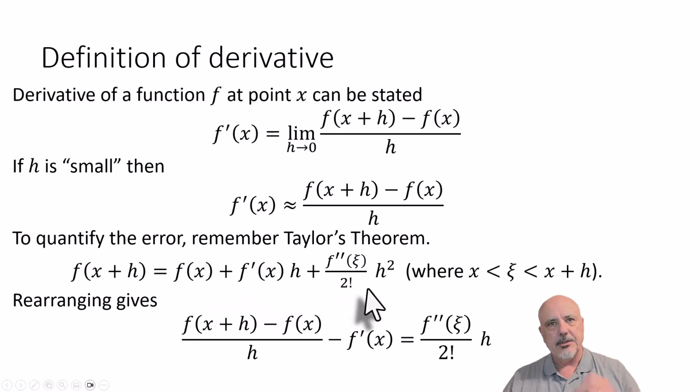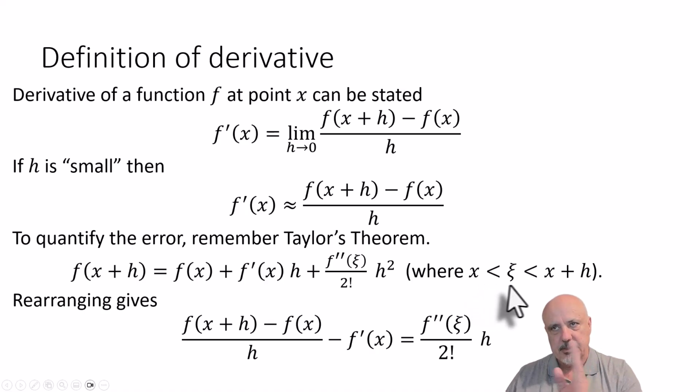We could write it out in this way, where the c value is somewhere between x and x plus h. And we're thinking about taking it to the n plus 1, in this case being 2. So this is the first derivative approximation.